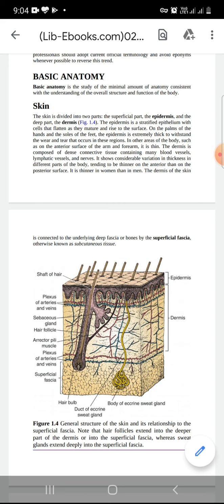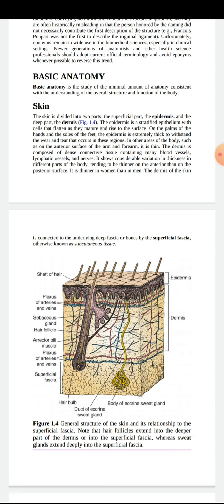You can see the epidermis and the dermis constitute the skin, and the dermis consists of the sebaceous glands and the hair follicle and the erector pili muscle and the plexus of the arteries and the veins.